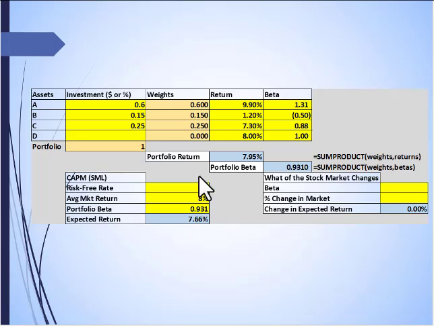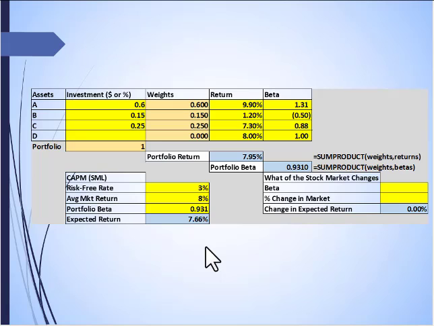If you plug that into the security market line formula, this portfolio of 60%, 15%, 25% should have earned 7.6%. It actually earned 7.95%. So this portfolio earned a higher rate of return than it should have theoretically.